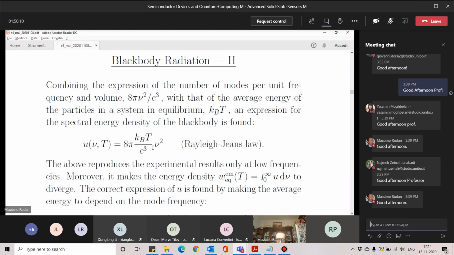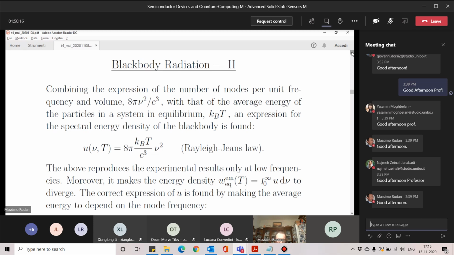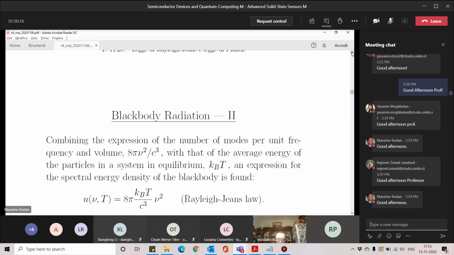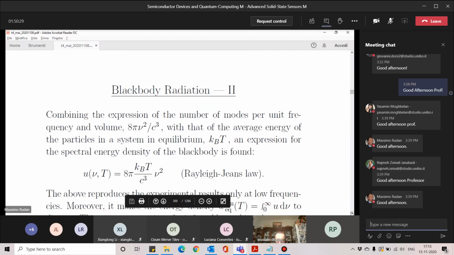You remember that we noticed that near the origin, the black body curves appeared like parabolas, like the square of frequency, okay? And this is correct.